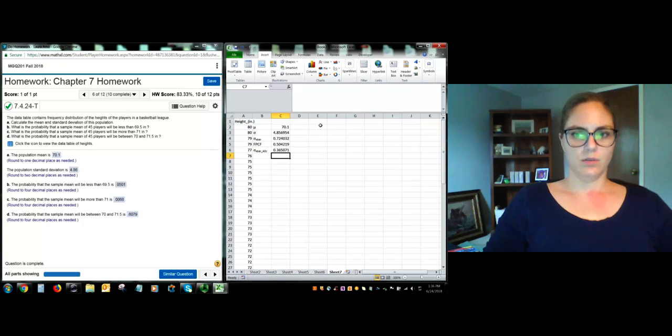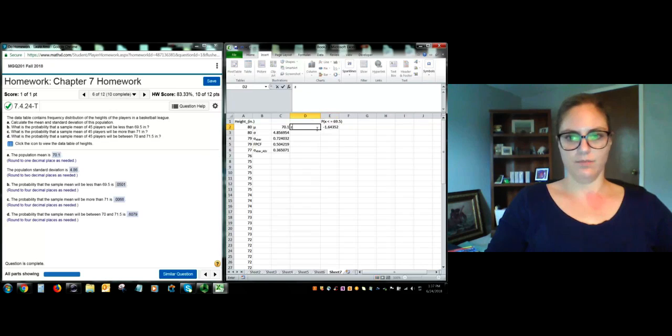Here they're saying for part B, the probability that the sample mean will be less than this. So the probability that x will be less than or equal to 69.5. First thing I do, find that z: 69.5 minus the actual mu, divided by my adjusted standard error of the mean. This is my z, so I'm going to pull this over here.